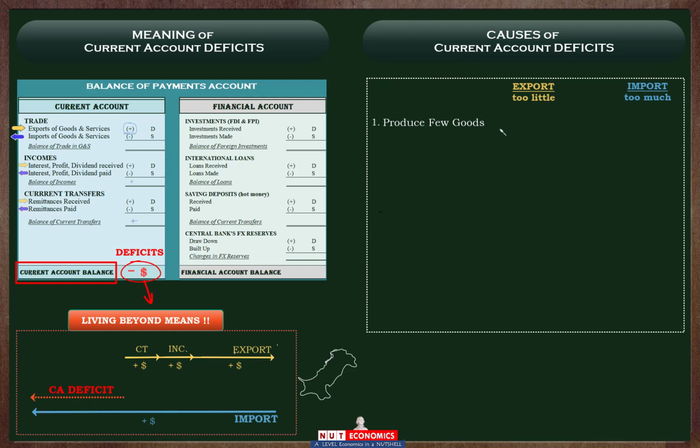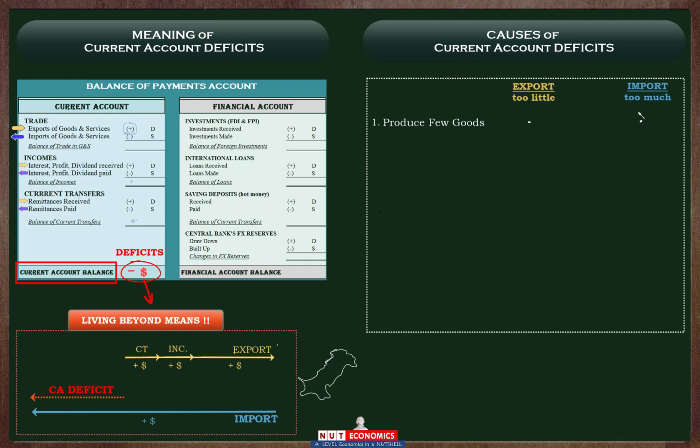First of all, you won't have enough things to sell, so you won't be able to export enough things. You're not making enough goods. And secondly, people of your country, so people living in Pakistan, when they find that nothing is available, nothing is being made in their home country, then they will take advantage of international trade and they will buy all of these things from other countries.